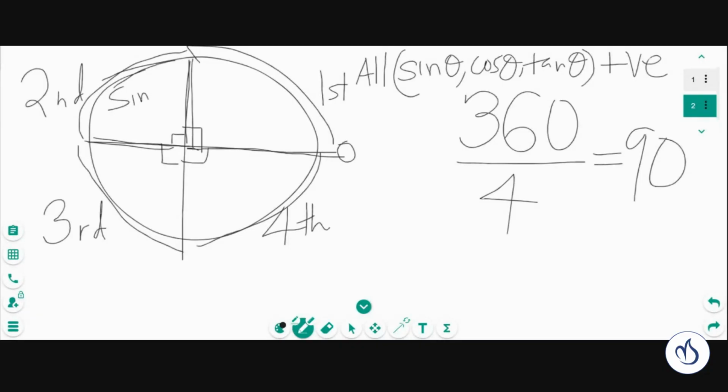If you take sine of any angle between 90 and 180, take an angle of 91, take an angle of 179, all of them give you a positive figure.